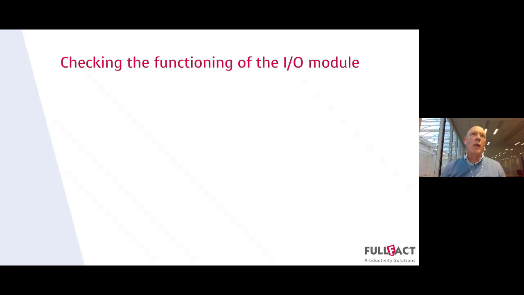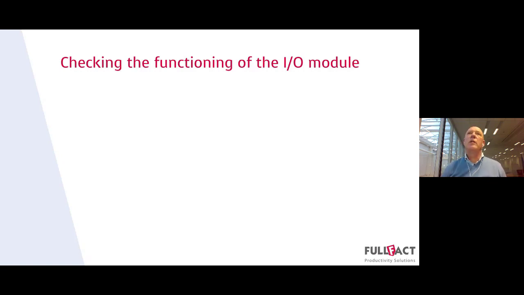First one, installing the software, mostly done by the employees of FullFact for the first time, afterwards mostly by the ICT department from the customer itself. Checking the functioning of the I/O module is often needed after moving the modules, production line modifications, or moving the workstations.